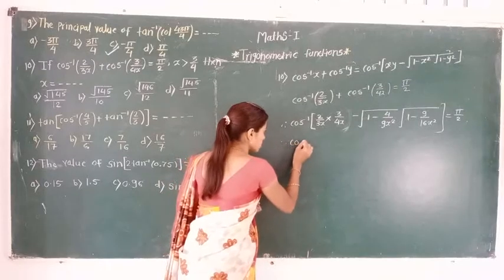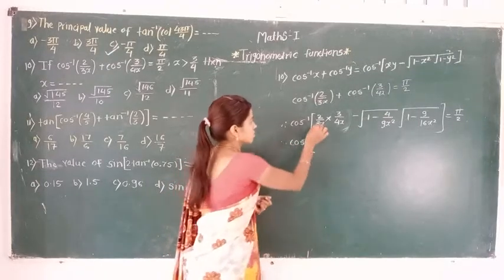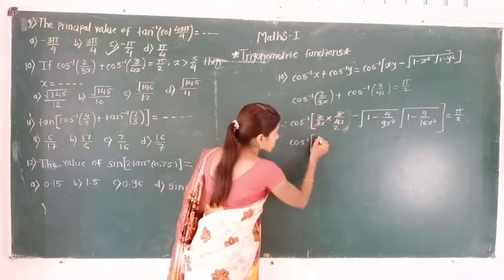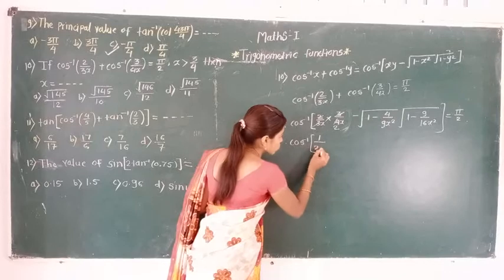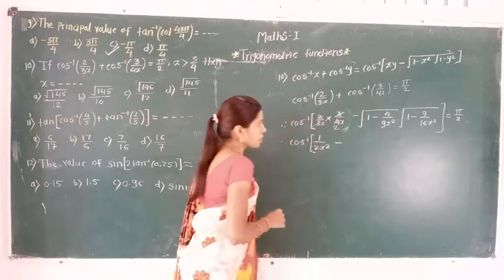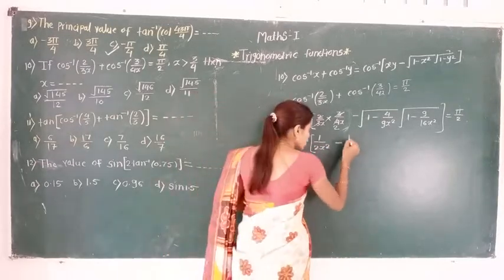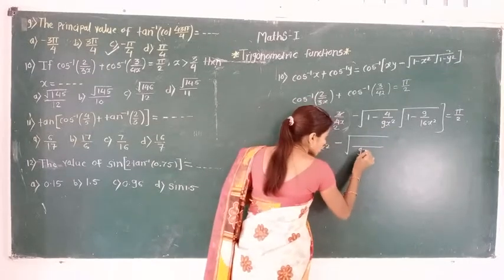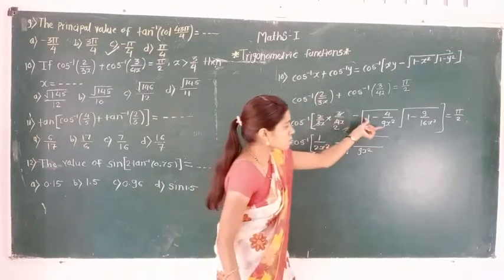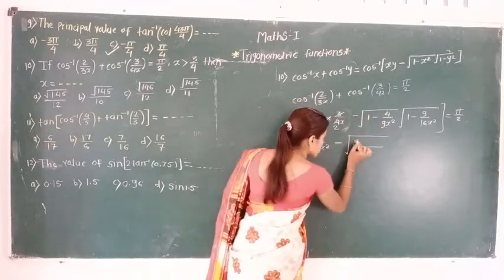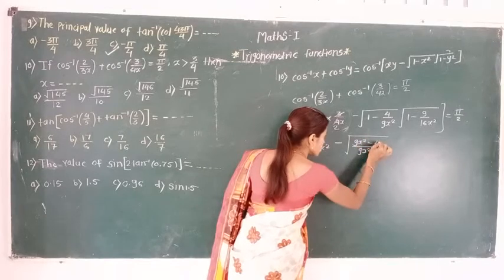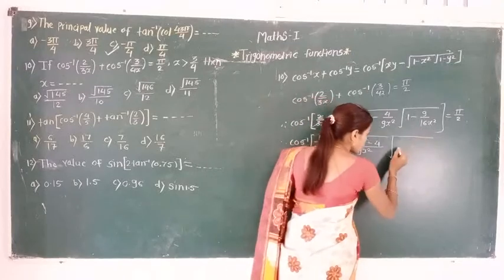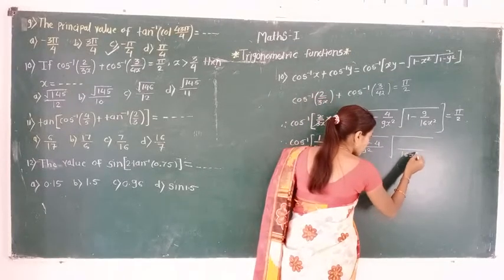Therefore in the cos inverse bracket, the 3 terms will get cancelled. 2 twos are 4. We get 1 divided by 2x square. Take the minus sign as it is. So in this square root, the LCM of both terms is 9x square. Take a cross multiplication, 9x square minus 4, into the root of the value. The LCM of these two terms is 16x square.